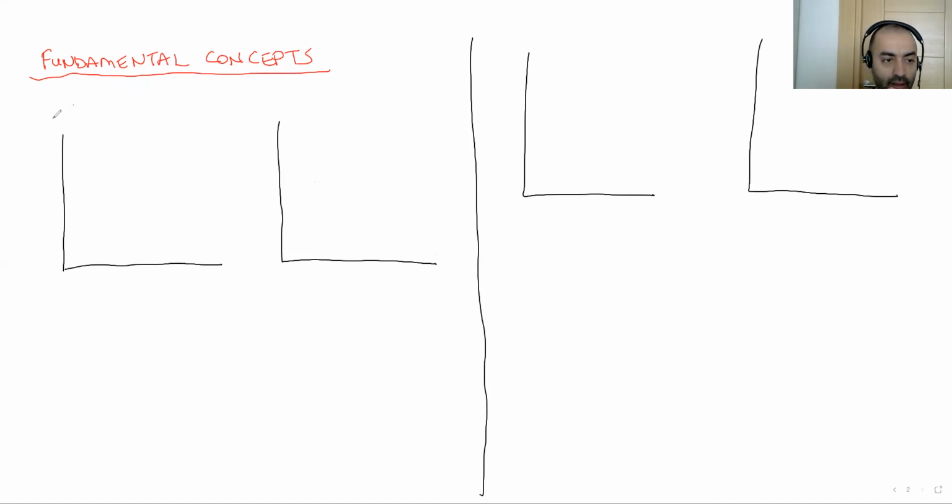The vertical axis is force F. Okay, this is force for each one. And the horizontal one is epsilon, strain. Strain, in Turkish şekil değiştirme. It's a kind of deformation.